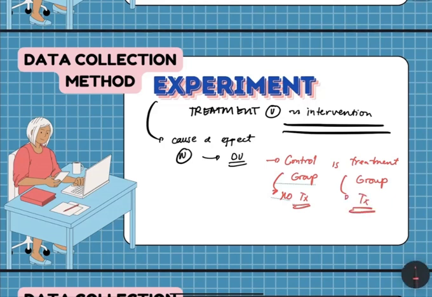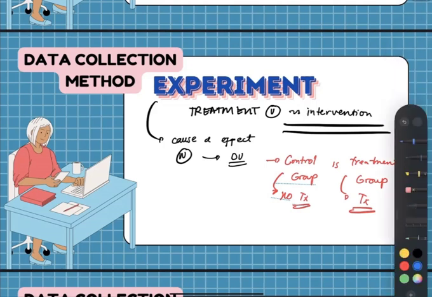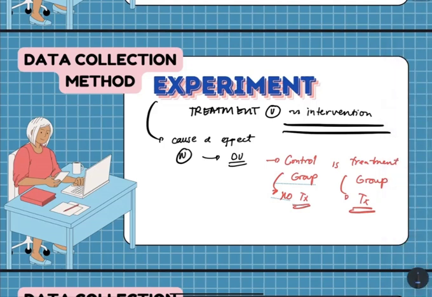And remember, because you want to establish valid results that are very precise and very accurate, there should be high control. High control meaning that we control our variables.